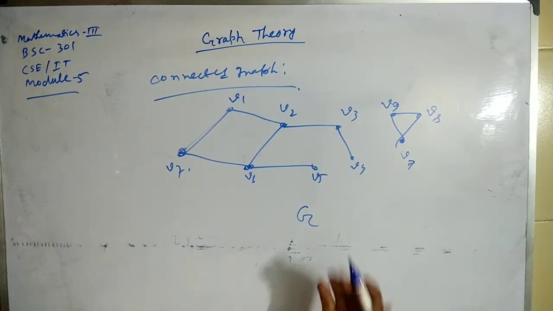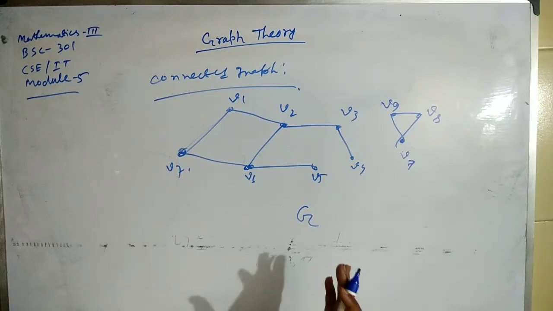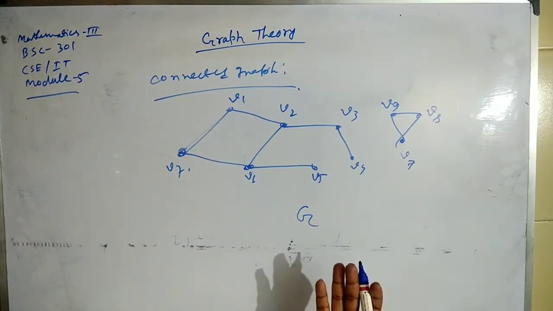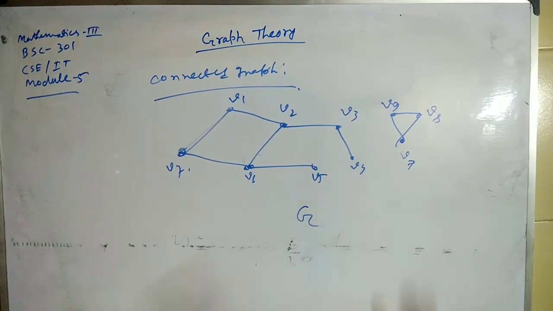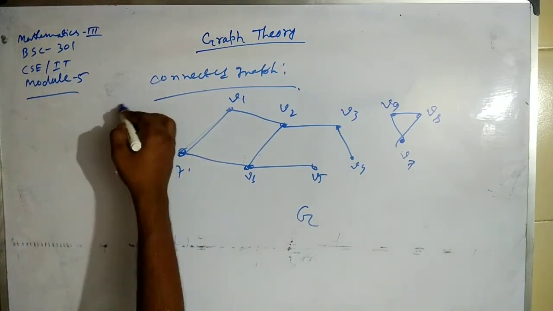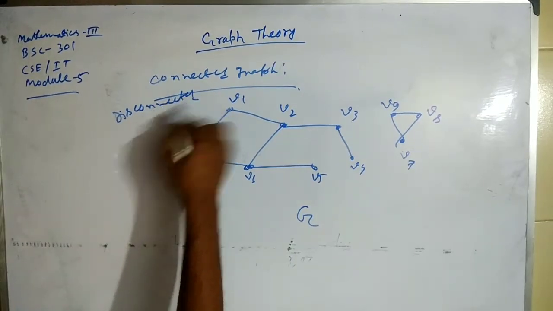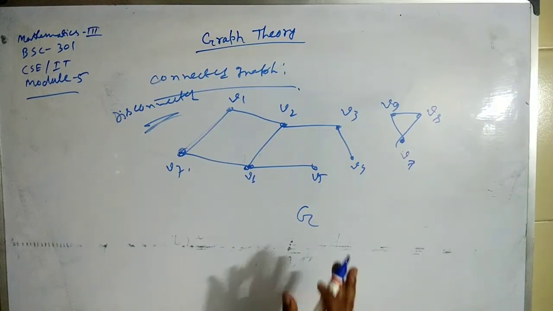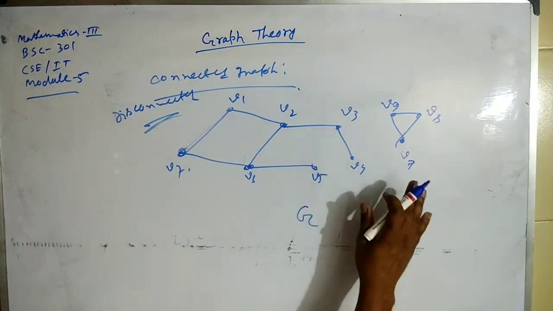By seeing, you can tell that the graph is connected or disconnected. So this is a disconnected graph. In a disconnected graph, you can see that this is a connected graph, and this is another connected graph.